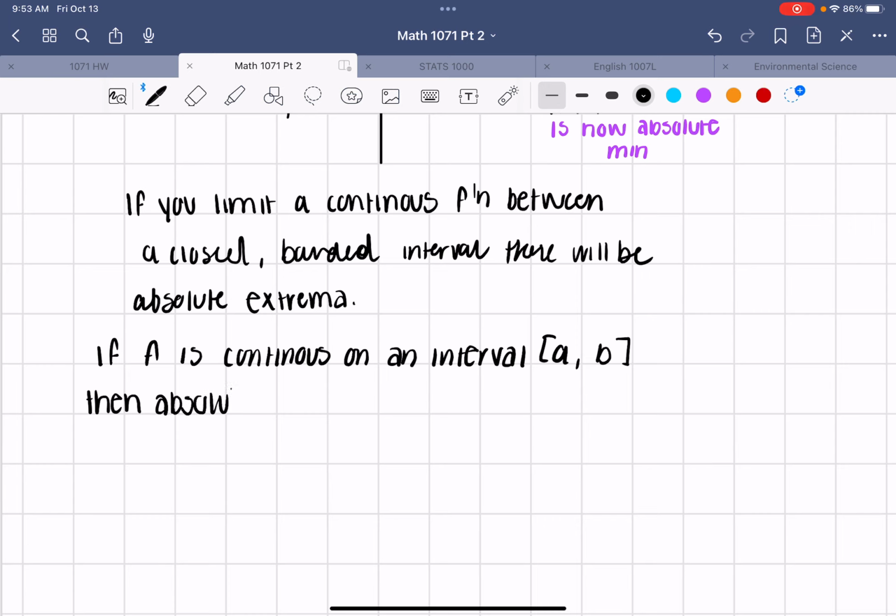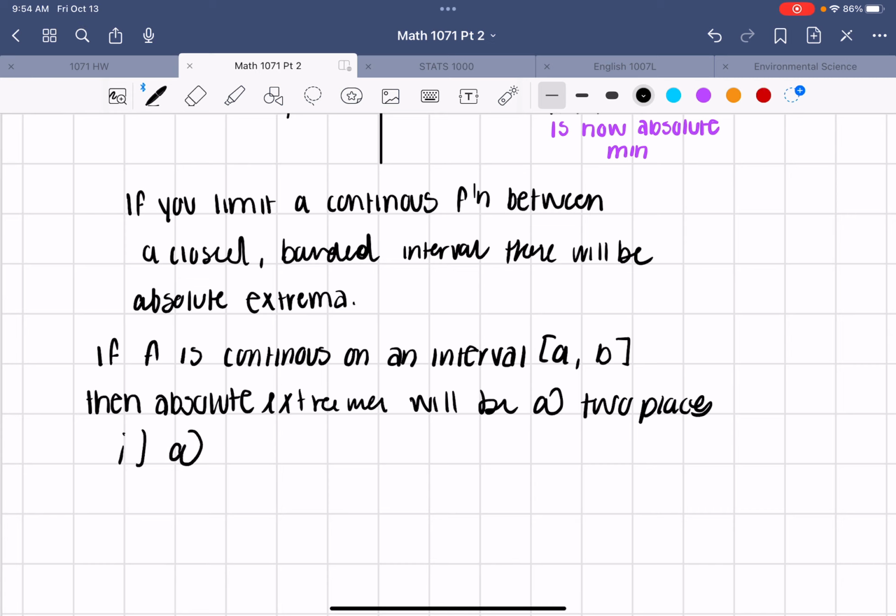One, at the endpoints: F of A and/or F of B. That's a possibility. The second, they could be at critical points in the interval A to B. Those are the two places that absolute extrema can occur.